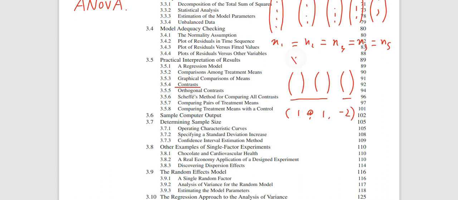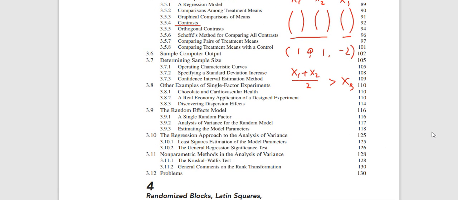Suppose this is x1, x2, x3, so we want to compare whether x1 plus x2 divided by 2, their average, is better than x3. So those are contrasts. Here we just discussed some examples. Okay, so those are single factor experiments.